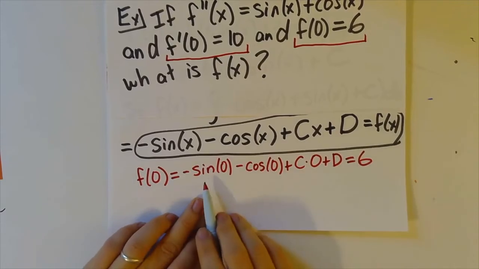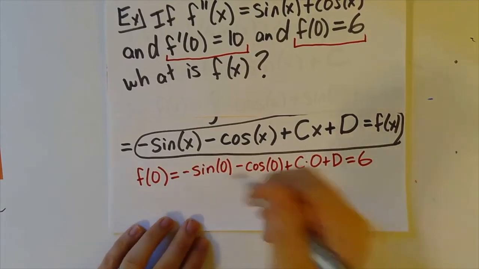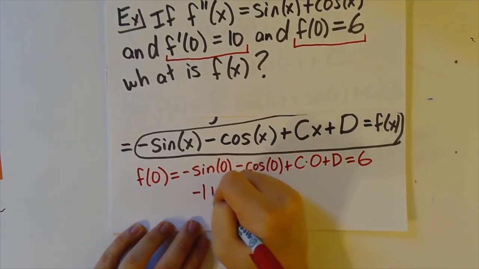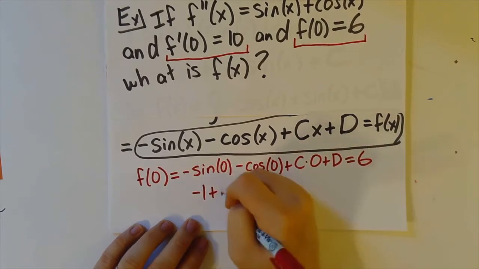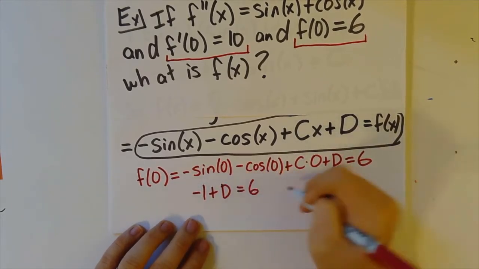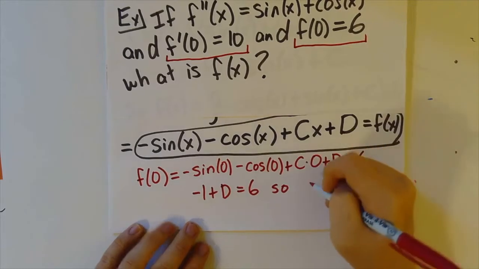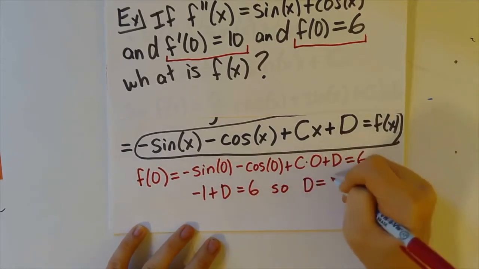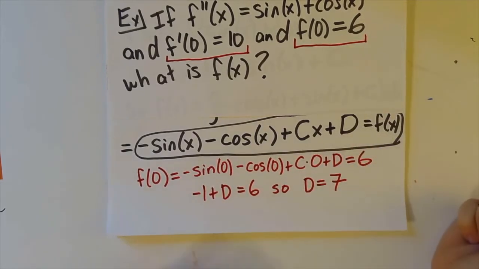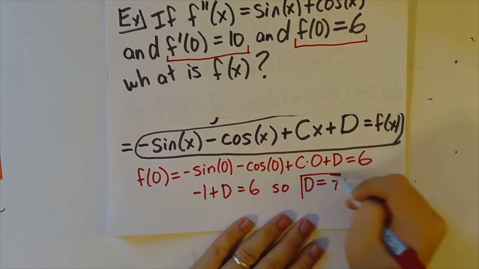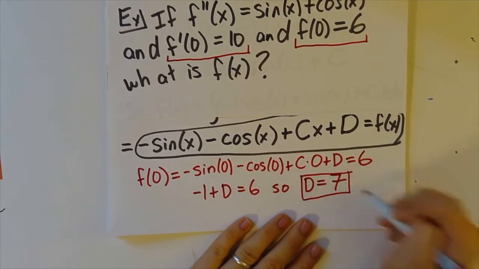Okay, so sine of 0 is 0, cosine of 0 is 1, c times 0 is 0, plus d is 6. So what does that tell me? Capital D is 7.